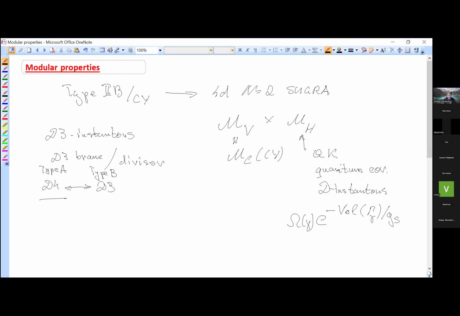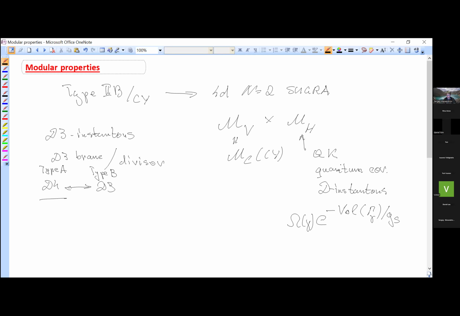Now we go to type 2B, but we consider type 2B on the same Calabi-Yau. In this type 2B, instead of D4 branes, we consider D3 branes, which have 4-dimensional world volume. We wrap all these 4 dimensions on the same divisor, so that no dimensions remain.